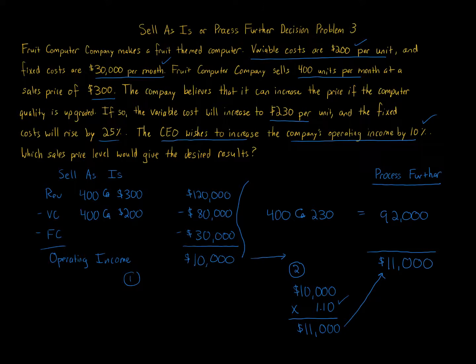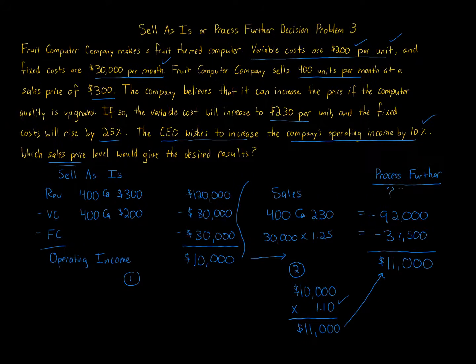So we take 30,000 times 1.25, and that's going to equal 37,500. What we're solving for is what sales price level would give the desired result, and the sales price they mean per unit. Keep that in mind, because we need to put it in that same measure. That's what we're solving for.